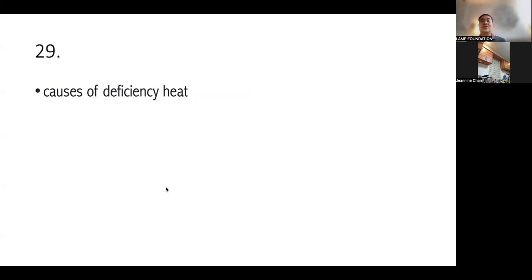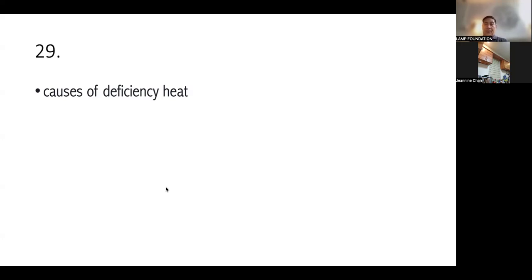Next, what are the causes of deficiency or empty heat? Yin shu. Yes. Ano po yung causes? Deficiency of yin. Yeah, it's a chronic disease, no?